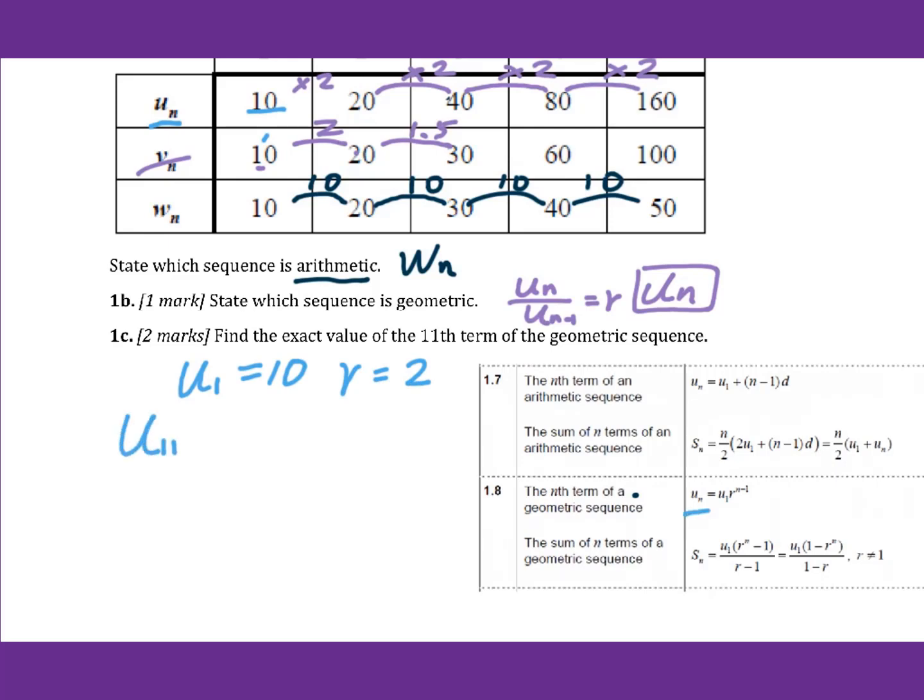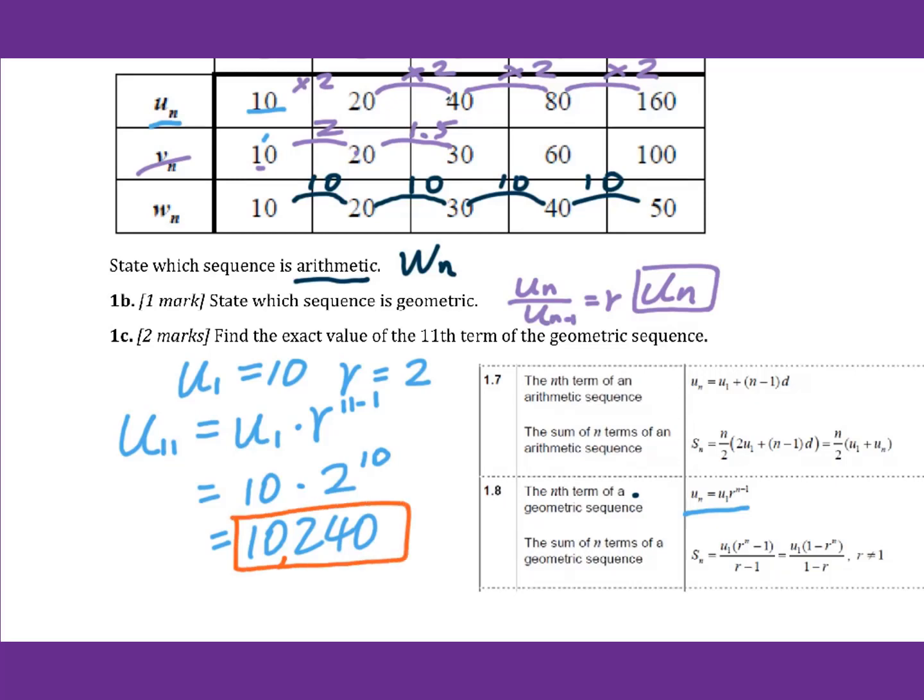We plug into this formula. You will get u sub 1 times r to the 11 minus 1 power. So we plug in 10 times 2 to the 10th power equals 10,240 will be the solution.